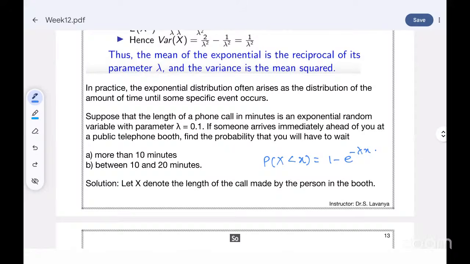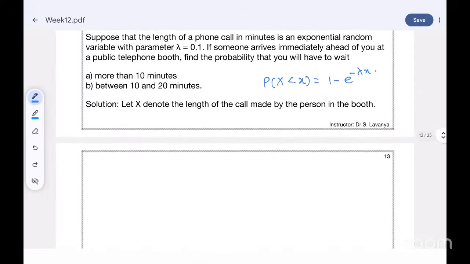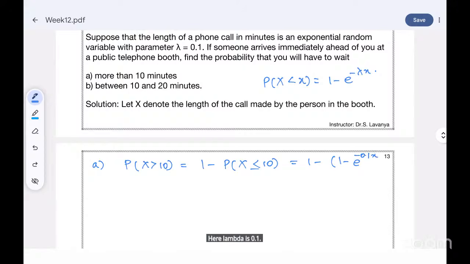So more than 10 minutes means what is that you need to do? For the first part, probability of x greater than 10, which means 1 minus probability of x less than or equal to 10, which is 1 minus e power minus lambda x, where lambda is 0.1 and x is 10.